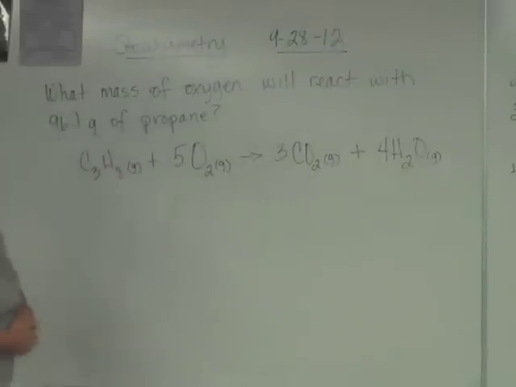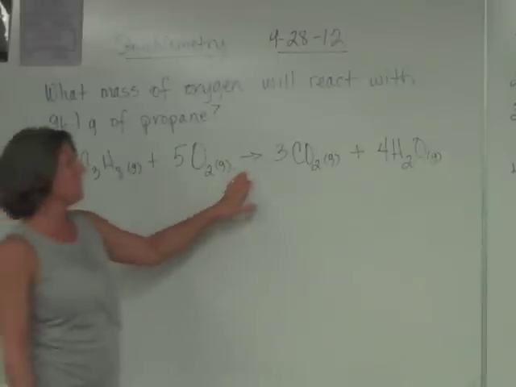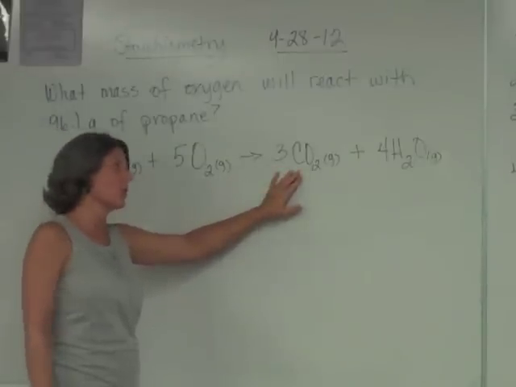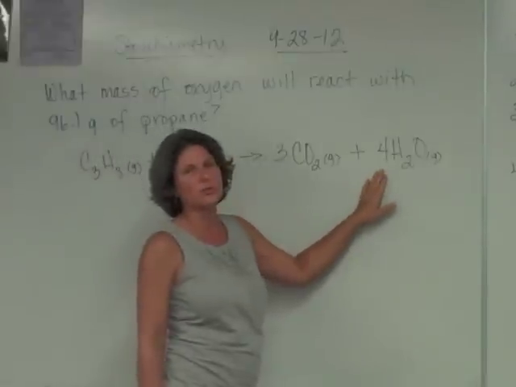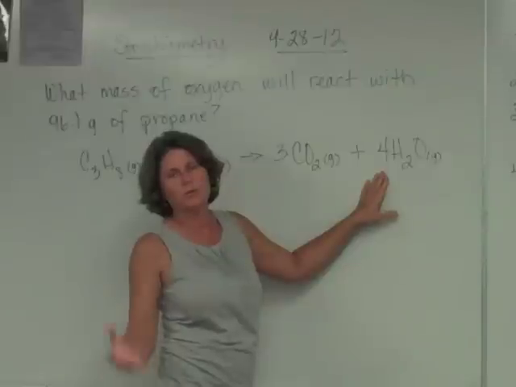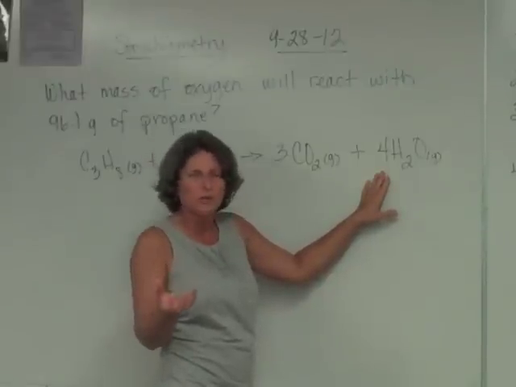We can look at this in 2 ways. We can look at this as 1 molecule of propane reacts with 5 molecules of oxygen to yield 3 molecules of carbon dioxide and 4 molecules of water. But we're never going to be able to hold that quantity in our hand and measure it.